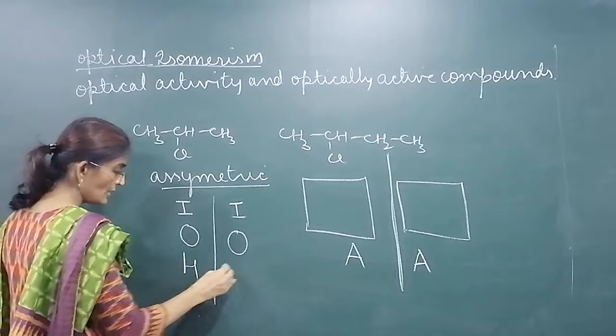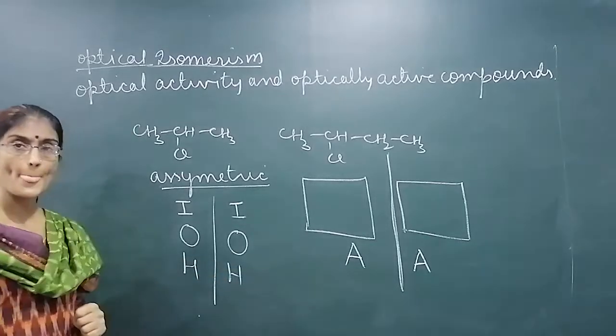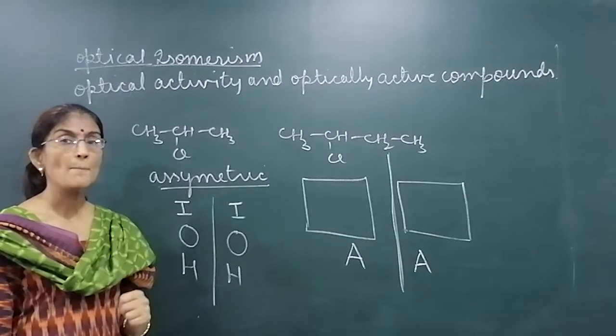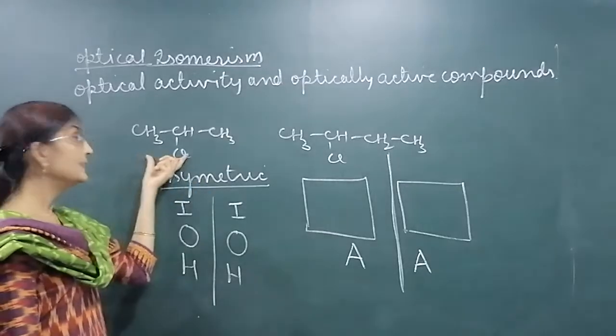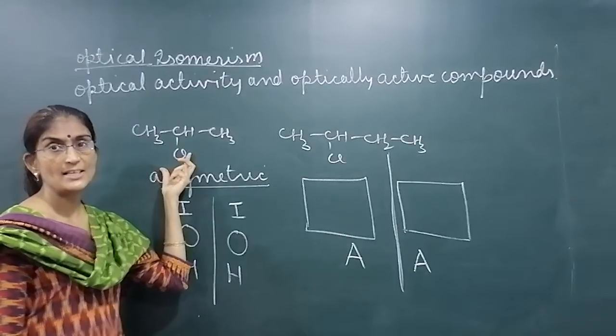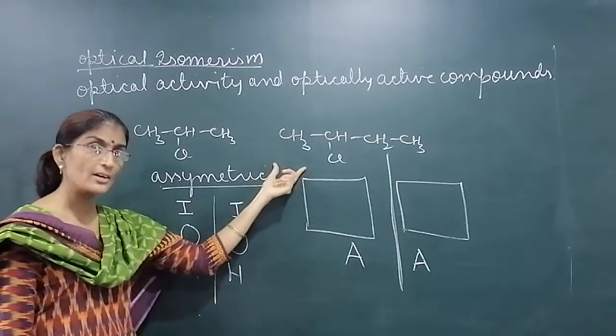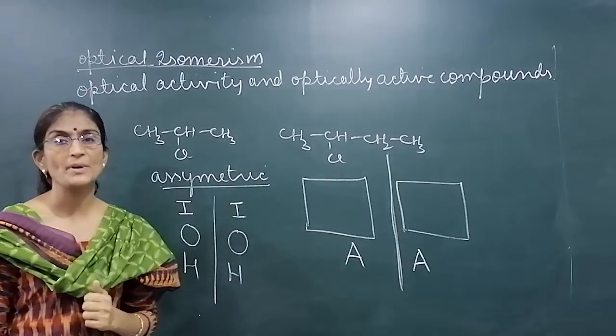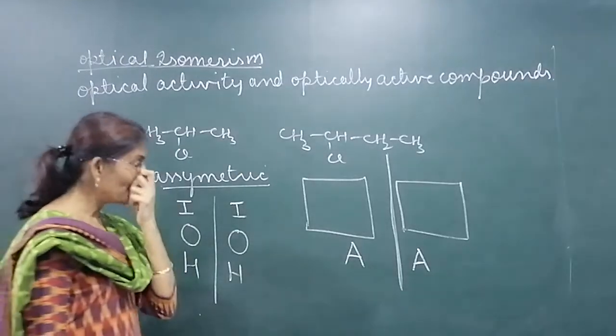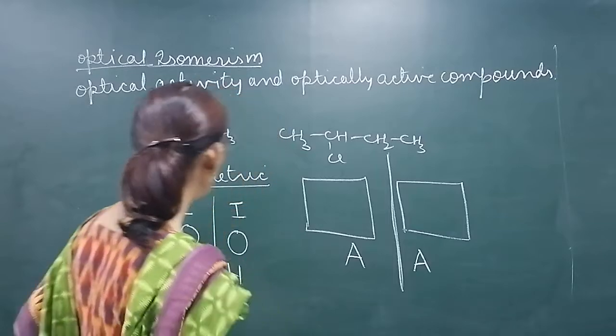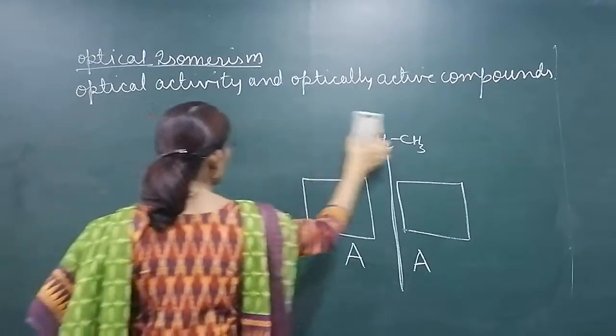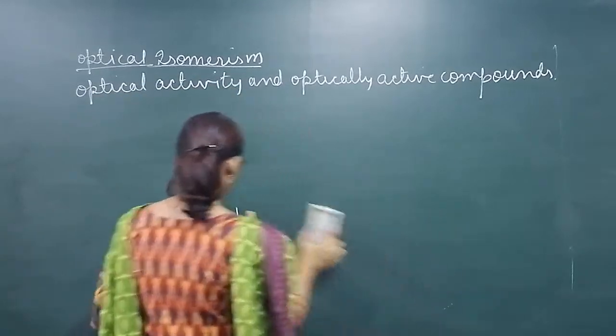H, its mirror image is symmetric. So if the compound is symmetric, then it will not show optical activity. If the compound is asymmetric, then it is optically active. There are a few alphabets whose mirror image is not superimposed on it.